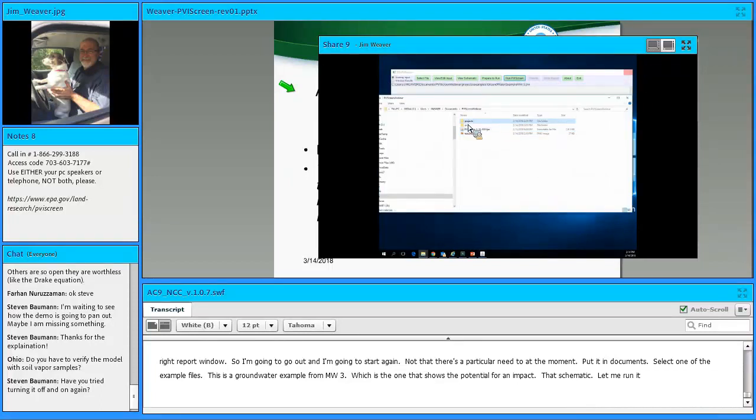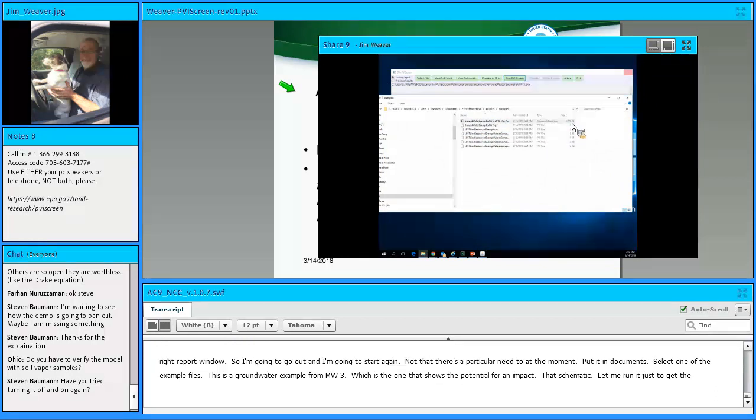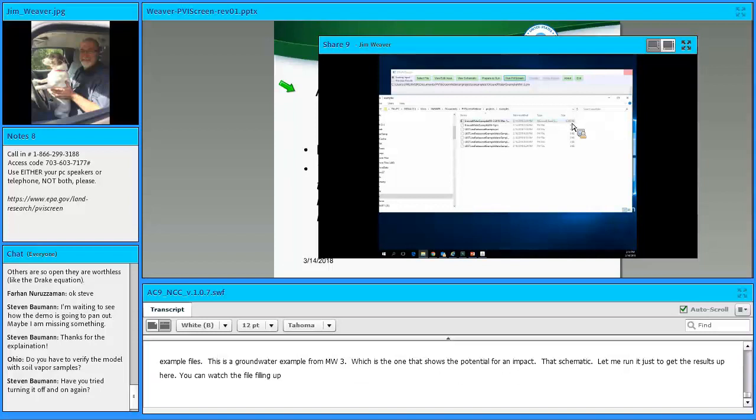You can watch the file filling up. So it generates about a 6 megabyte file, which contains the 1,000 runs and then the post-process statistics.